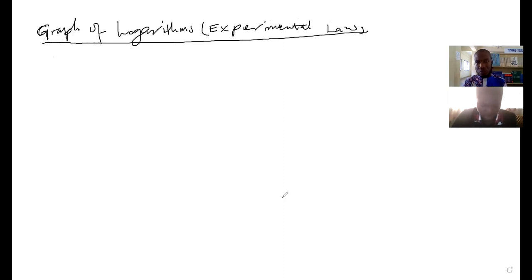We established the fact that this is used mostly for experiments in the lab.